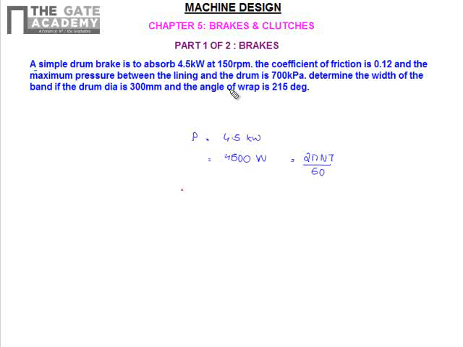So from this we can get the braking torque T as 60 P by 2 pi N. That will be 60 into 4500 divided by 2 pi into 150. This will be 286.5 Newton meter.